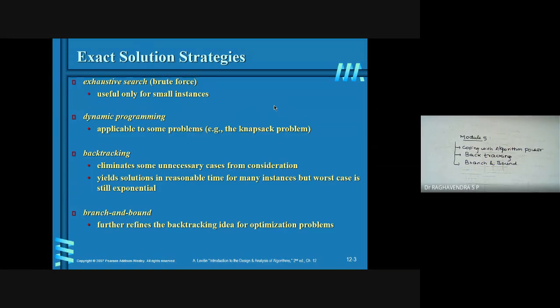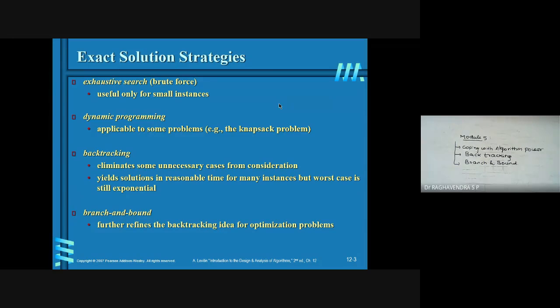This is called a backtrack, and you can even reach the root node and traverse towards the other end of the tree. This is how backtracking works, and it yields solutions in reasonable time.